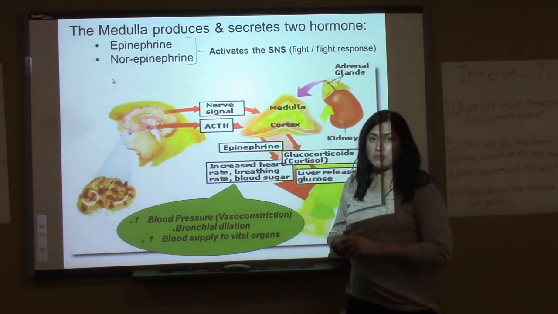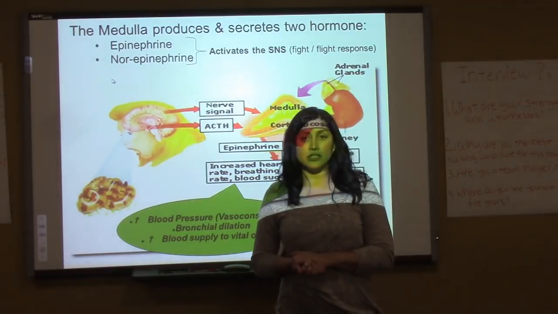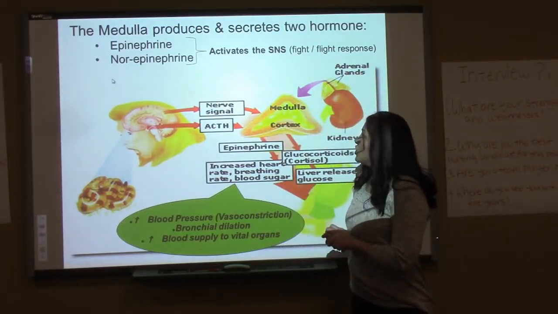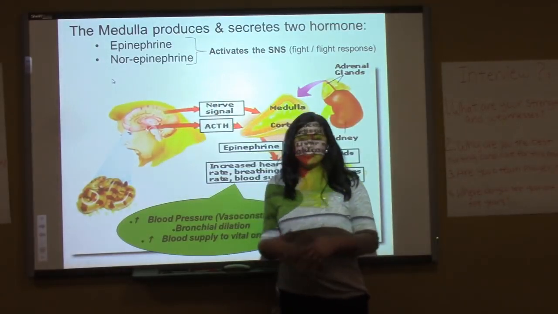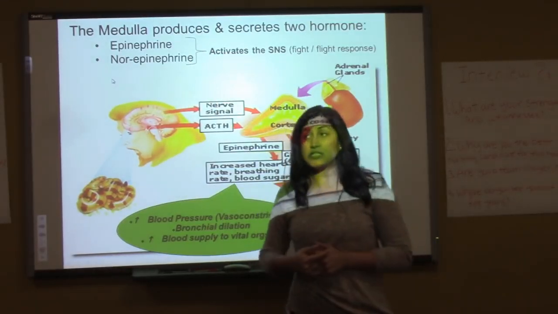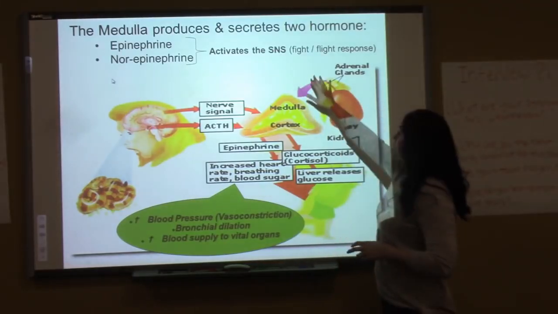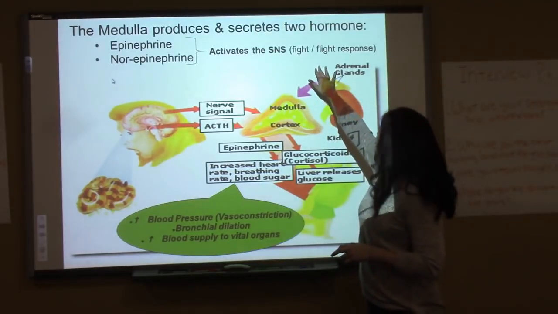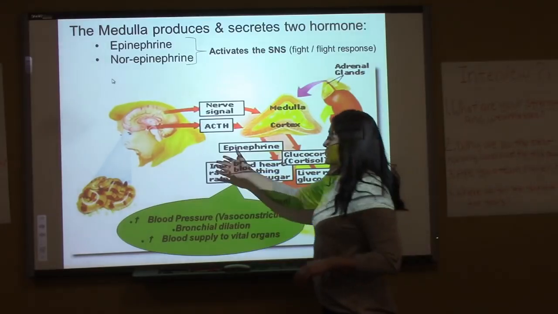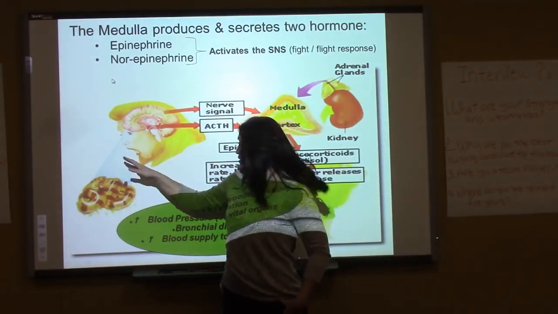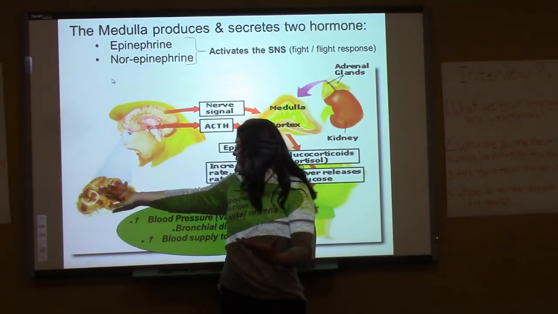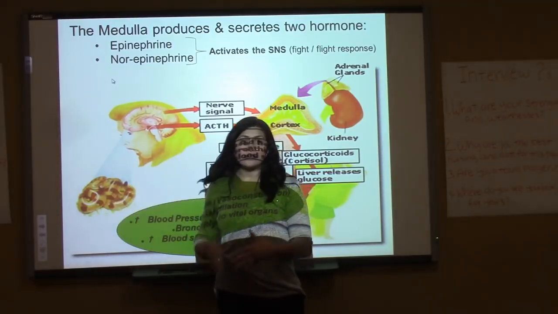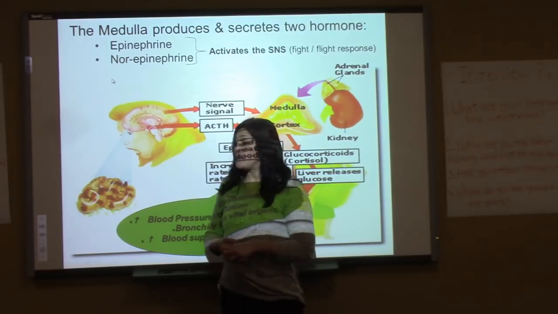So let's look at the adrenal medulla first, and then we'll come back to the adrenal cortex. The adrenal medulla produces epinephrine and norepinephrine. This is part of your sympathetic nervous system, so it activates your fight or flight response. For example, let's say a person sees a snake, and that is a stressful situation for them.